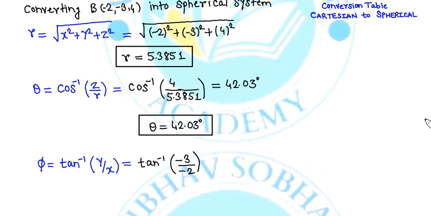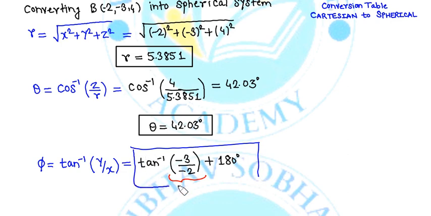Now here comes the tricky part. If you look at this, x and y both have minus values. That means the quadrant is being changed. So in order to match that, we have to add 180 degrees so that you will get the correct answer. This is the most tricky part within this numerical. If you come to know about it, it is easier for you. If any component of this tan inverse of y by x is minus, you just have to add 180 degrees.